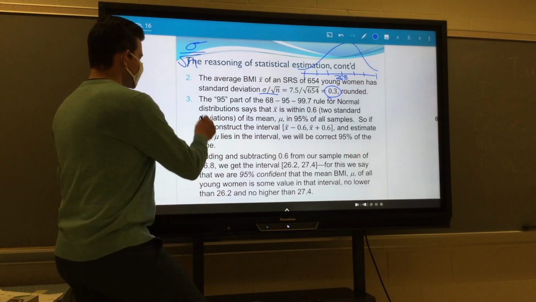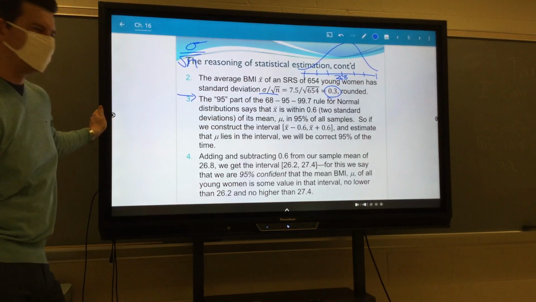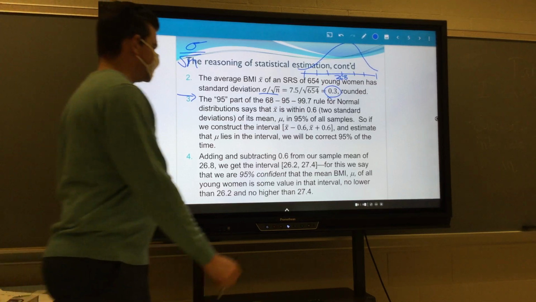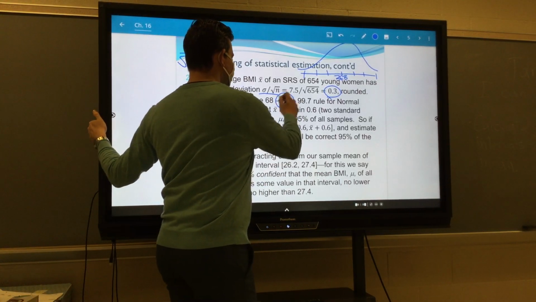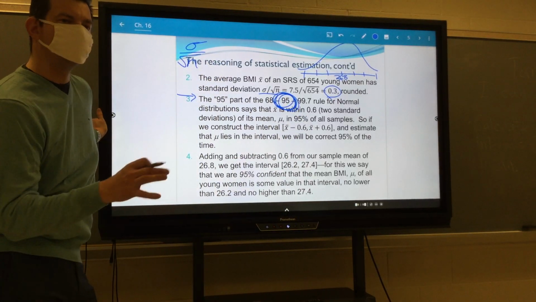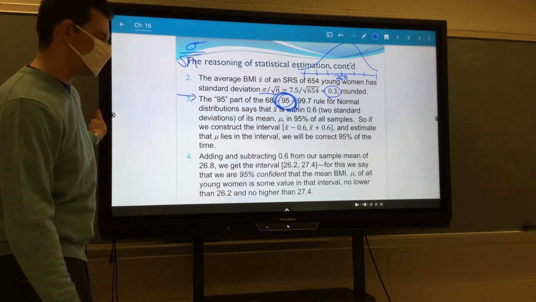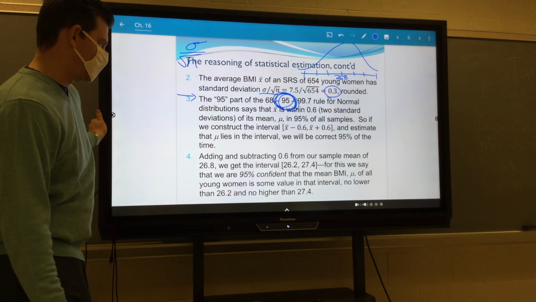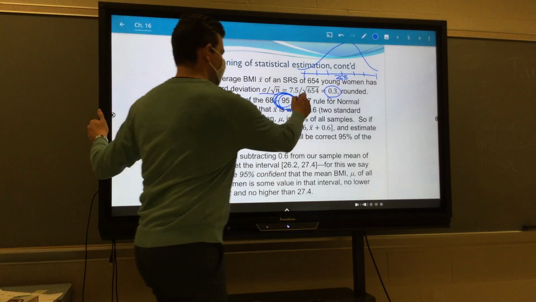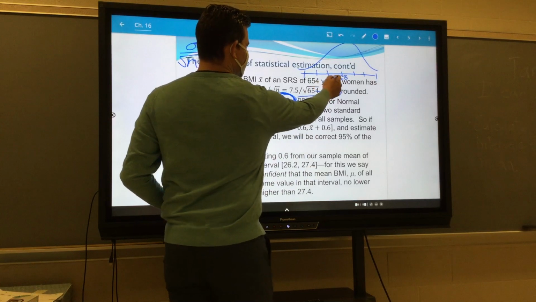Now, let's use our empirical rule, 68, 95, 99.7. I will say that most of the time, we are going to concentrate on this 95% part of the empirical rule, and we'll look at that further in a few minutes. But that would mean 2 of these standard deviations of 0.3, 2 to the left and to the right.